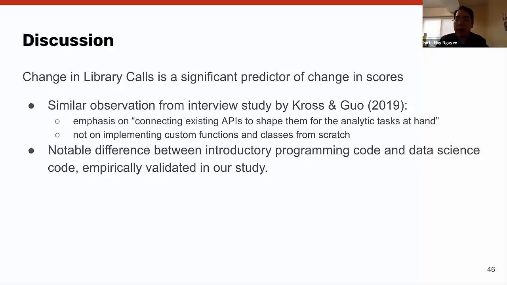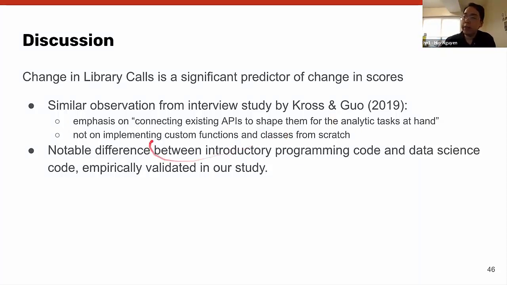So this finding highlights a similar observation from an interview study by Cross and Gore 2 years ago. In their study of how data science practitioners taught the subjects, the authors noted an emphasis on connecting existing APIs to shape them for the task at hand, rather than implementing custom functions and classes from scratch, which is more common in introductory programming.